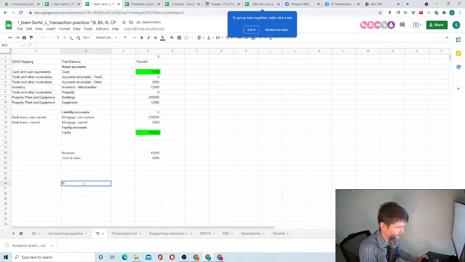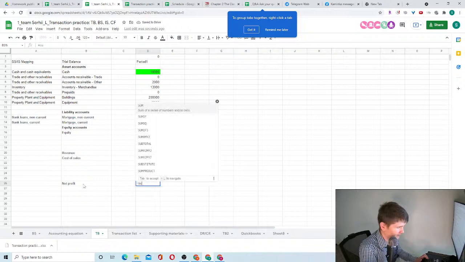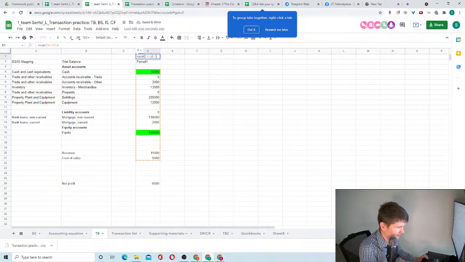And we add a net profit account here, and we add a sum here. Okay, we have 0, but please note, and it's very important, that you do not catch net profit in your formula.